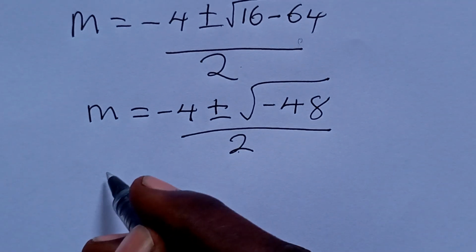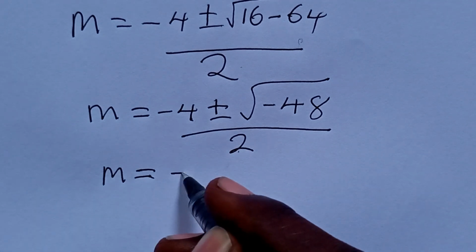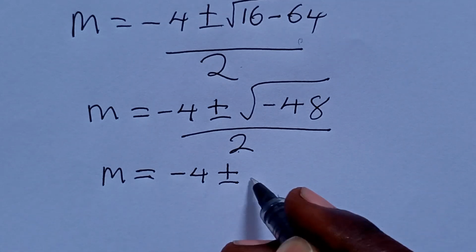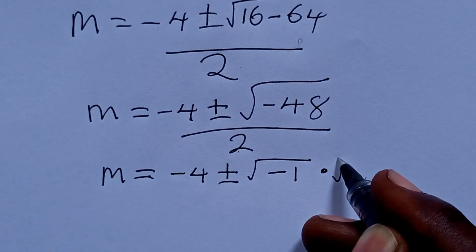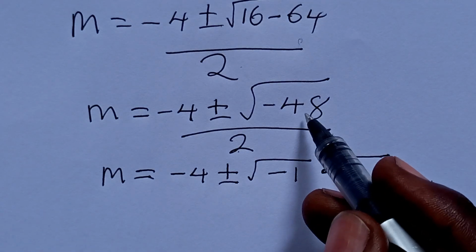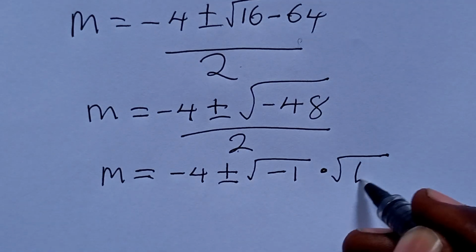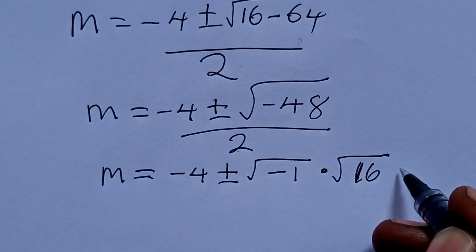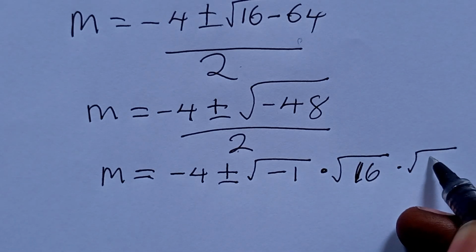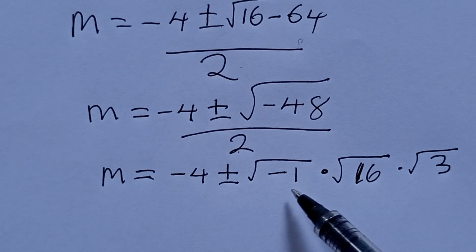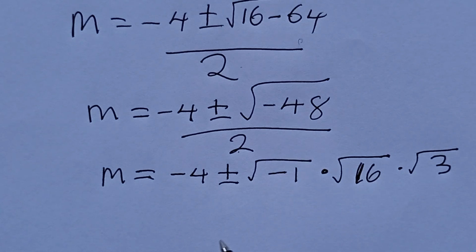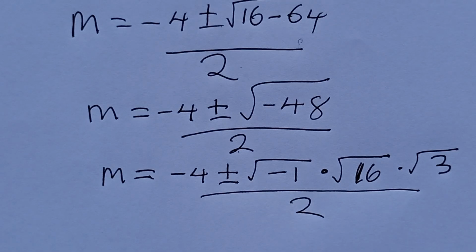And this can be written as m is equal to minus 4 plus or minus the root of minus 1 times root of 48. What is 48? 16 times root 3. So if we multiply 16 times 3 times minus 1, it is going to be minus 48. So it can be written as this, all divided by 2.